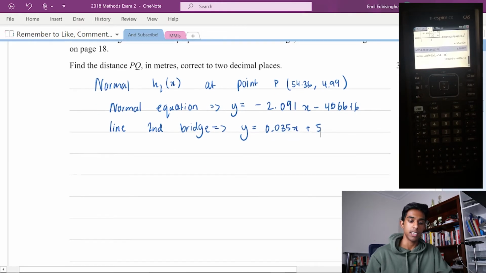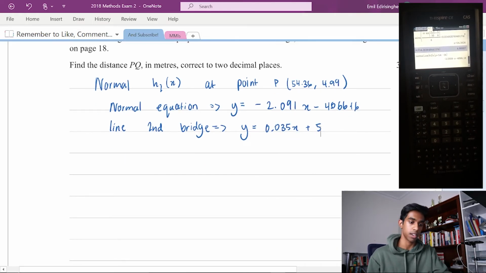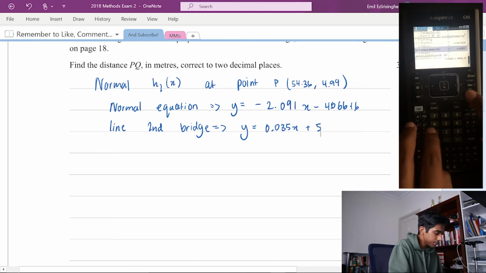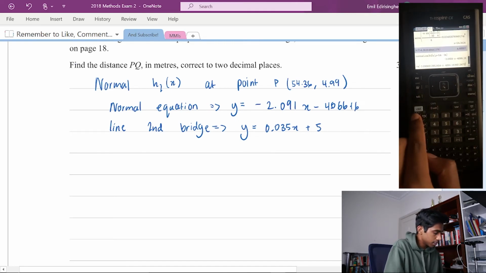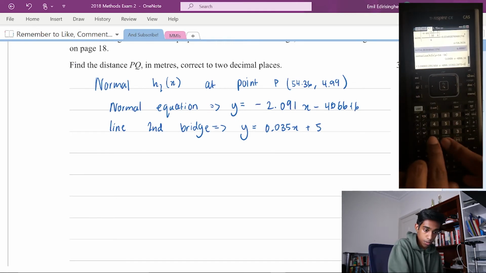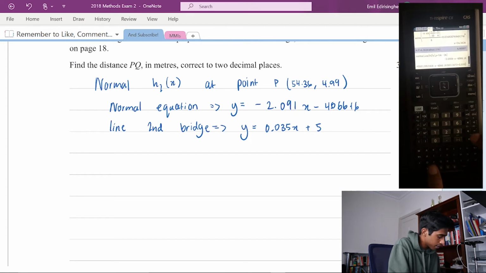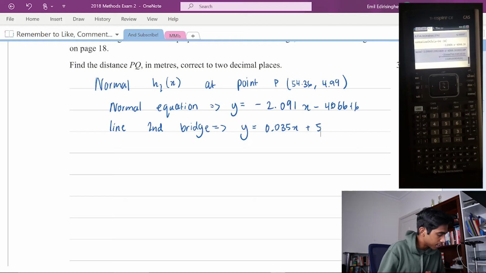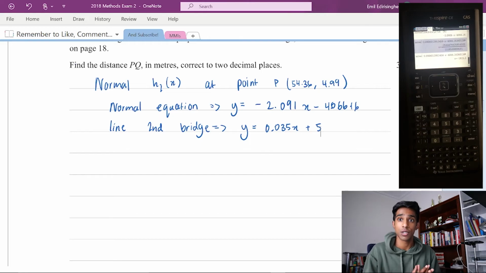And now we find the intercept between these two lines. So we've got that equal to 0.035 times x plus 5, comma, x. That gives us x is equal to a weird number, which is not right. So I'll have a think about this question and come back.